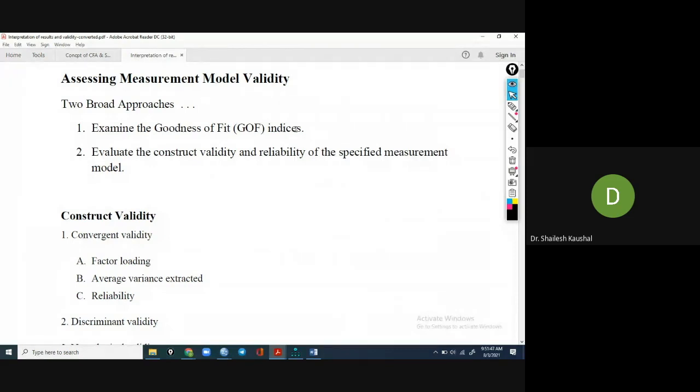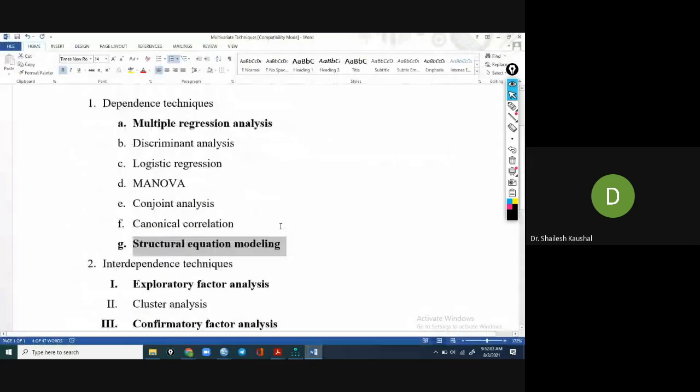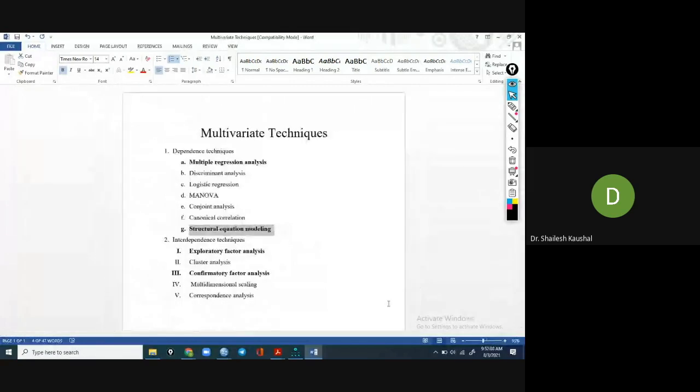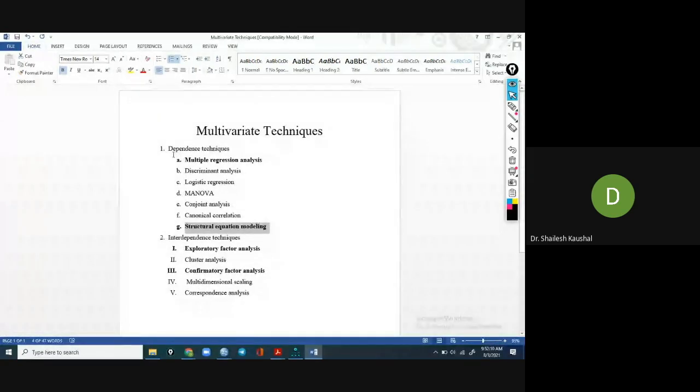So we use two terms: validity of the measurement model, which means validity of confirmatory factor analysis, and second, validity of the structural model. When I talk about the structural model, it is a dependence technique, as I already told you in multivariate techniques.